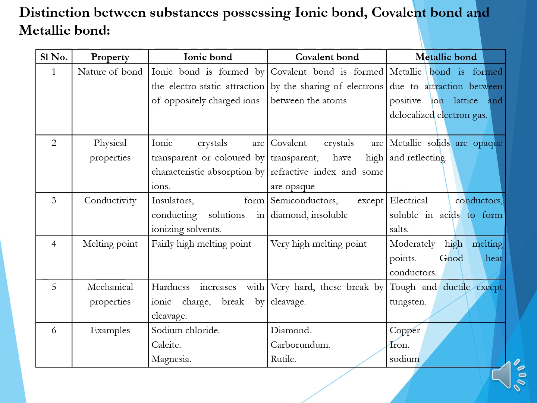Covalent solids are very hard and break by cleavage. Metallic solids are tough and ductile, except one element, that is tungsten. The examples of ionic solids are sodium chloride, calcite, magnesia, while covalent solids are diamond, silicon, carbon, rutile, and the metallic solids are copper, iron and sodium.